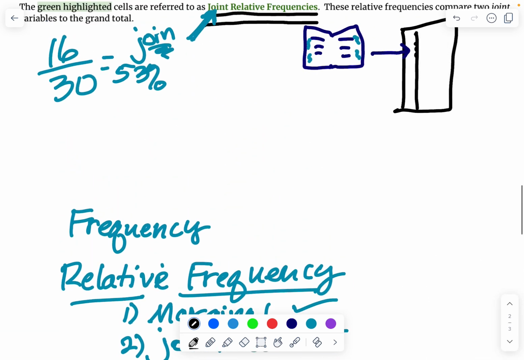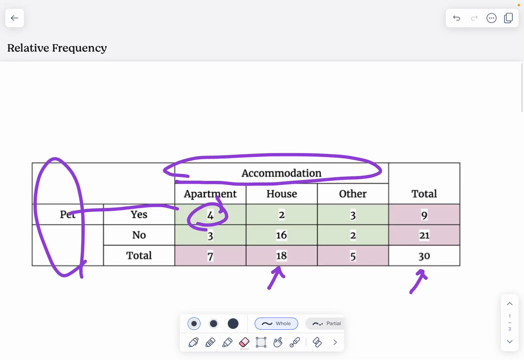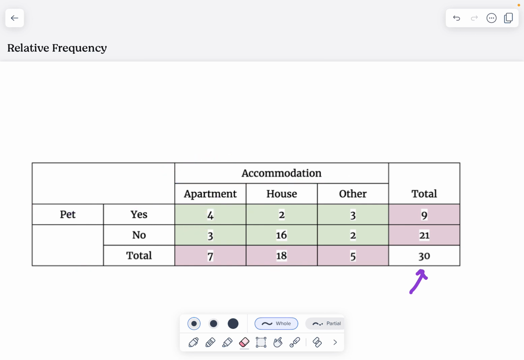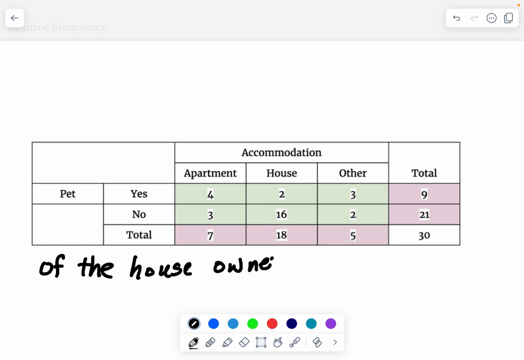I'm going to go way up to our original frequency table. Let me clear it of the notes I made. This would be an example of a conditional relative frequency. Of those who live in a house, what's the relative frequency they have a pet?